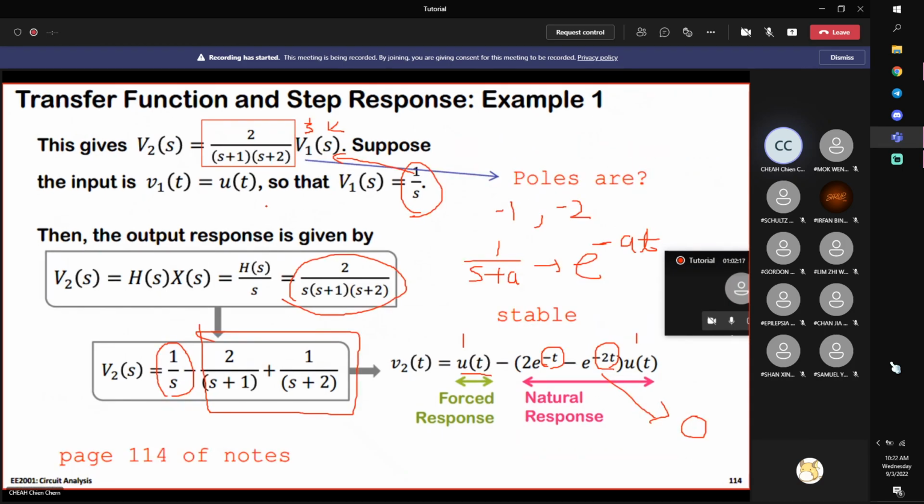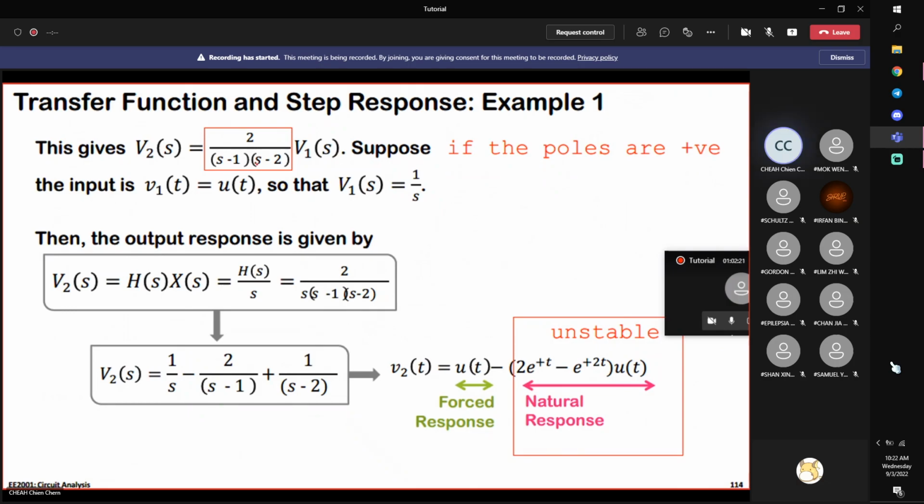Now let me show you an unstable response. I just reverse the signs, positive changed to negative. So now I have poles which are positive. If you plot it on the s-plane, it means that they are on the right half plane. Previously, they were on the left half plane. You invert these signs and then expand it out by partial fractions. Obviously, this will be negative.